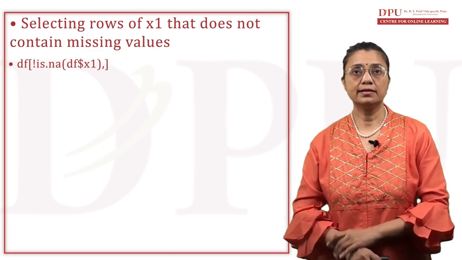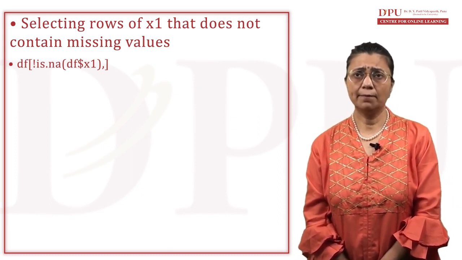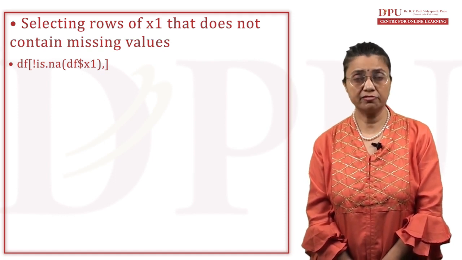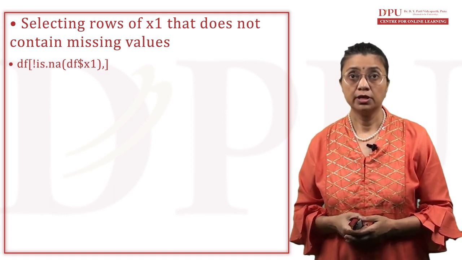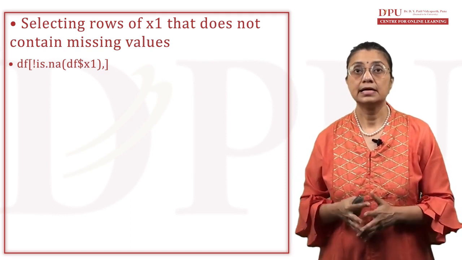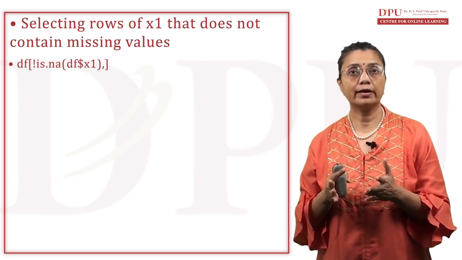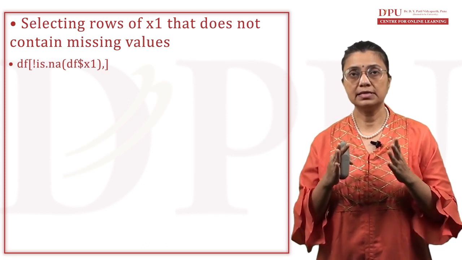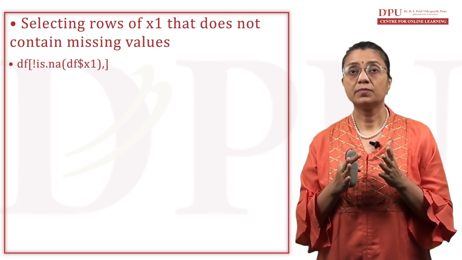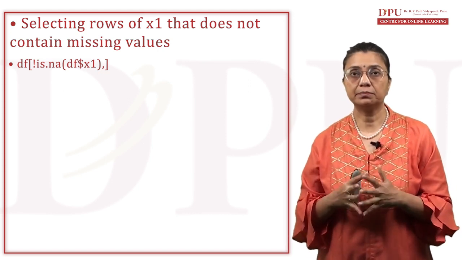Now, let's understand what is happening over here. You can see I have called the data frame df and within square brackets, I'm applying a filter condition. The filter condition is is.na(df$x1), which means it is selecting the first column, the x1 column, from the data frame.